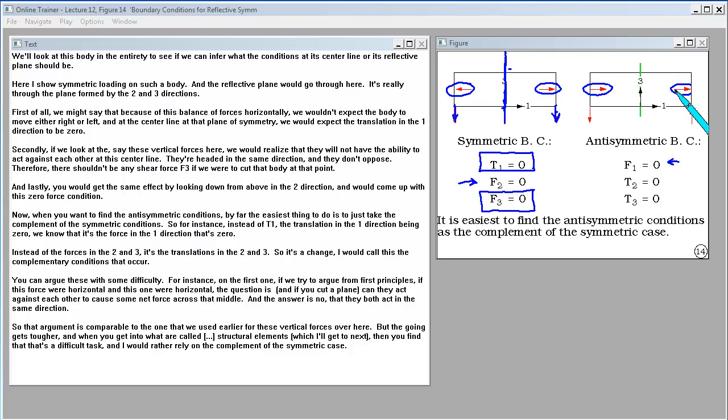So that argument is comparable to the one that we used earlier for these vertical forces over here. But the going gets tougher when you get into what are called structural elements, which I'll get to next, then you find that that's a difficult task, and I would rather rely on the complement of the symmetric case.